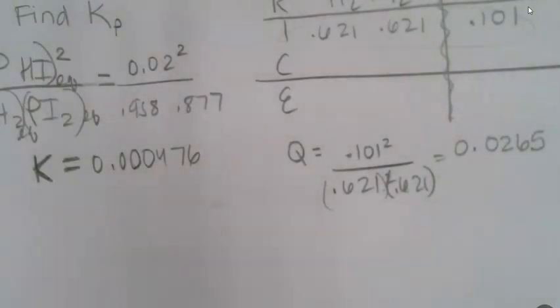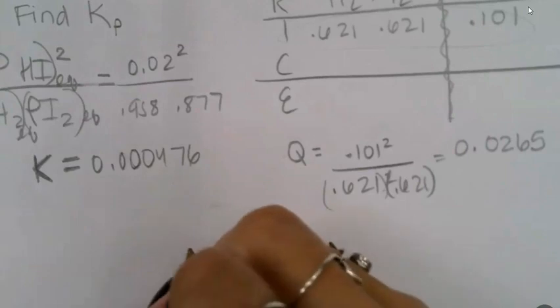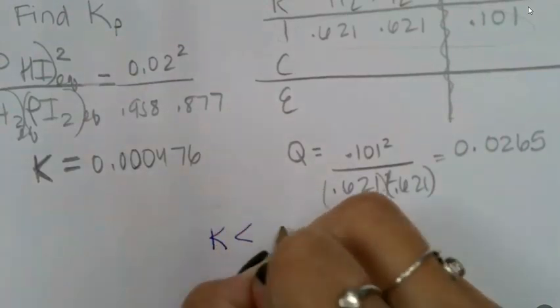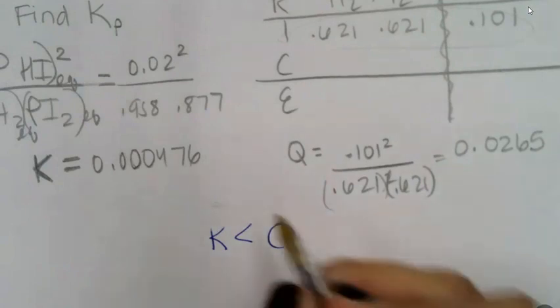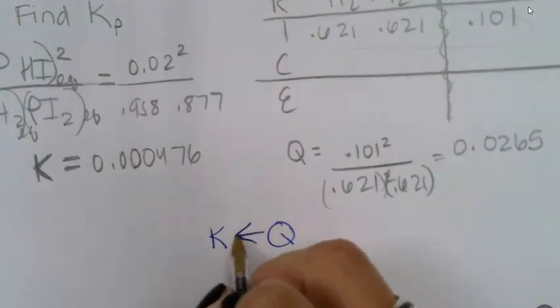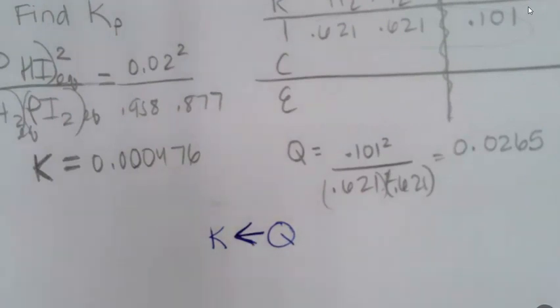So then Q versus K. K is smaller than Q, so this reaction is going to go which direction? Left. The only problem in the entire textbook where it switches left.